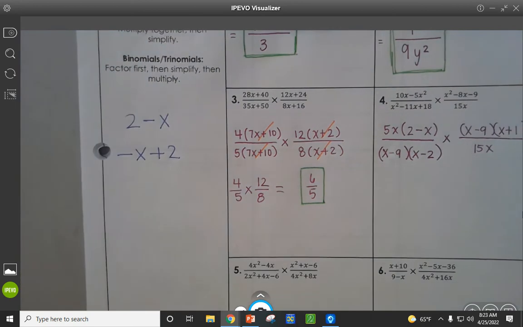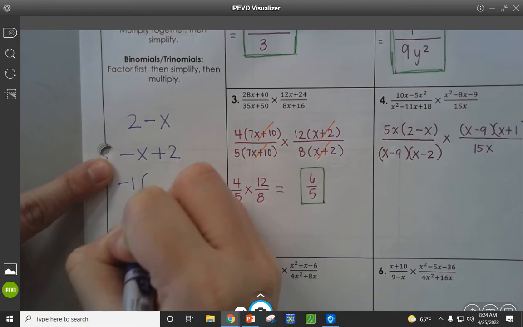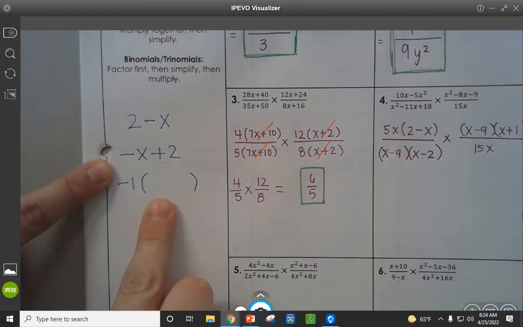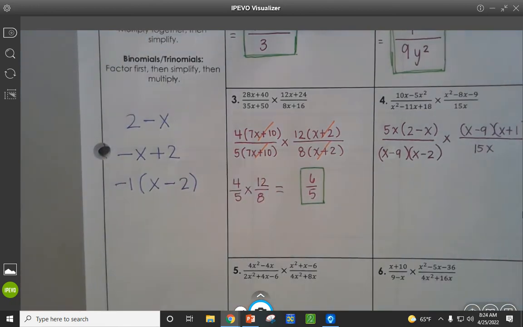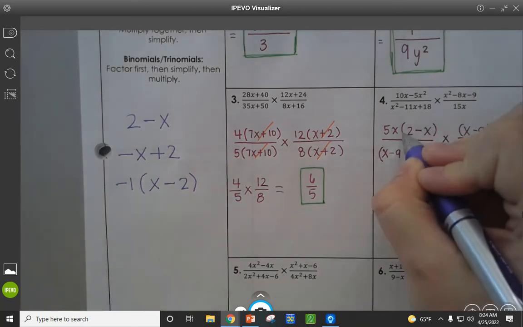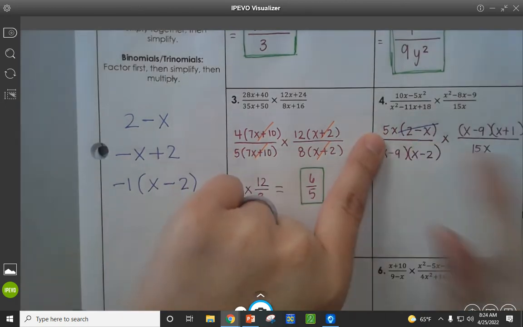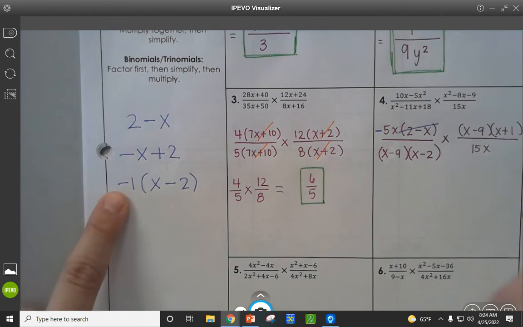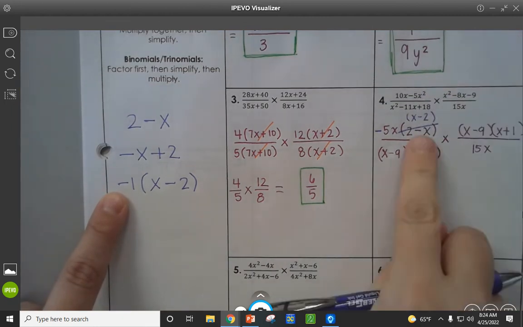I just switched the order of those. Does that make sense? What if I factor out a negative 1? What am I left with? Not x plus 2, it would be x minus 2. So what I can do is change this. I'm going to put the negative 1 in front, and then I can change this to x minus 2.